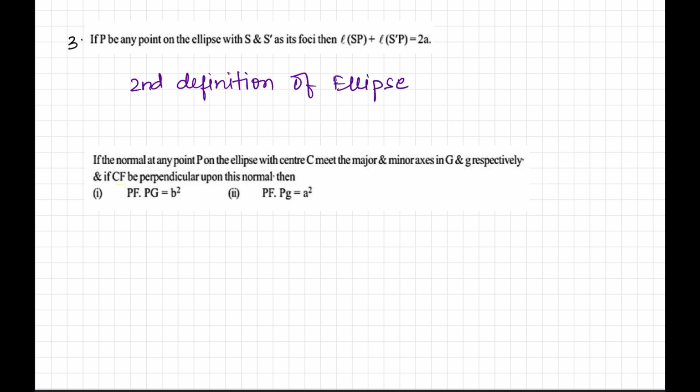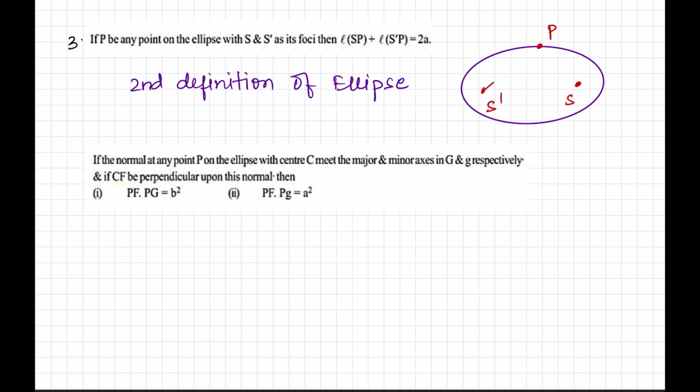This is a very important property which we have discussed earlier also. तो ये क्या कह रहा है? Suppose this is an ellipse and these are the two foci and say P is any point on the ellipse. ये हो गया S, ये हो गया S dash.